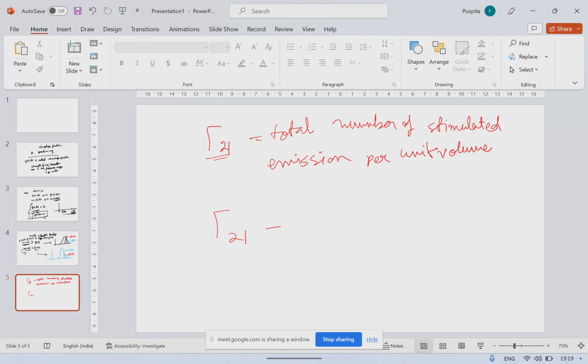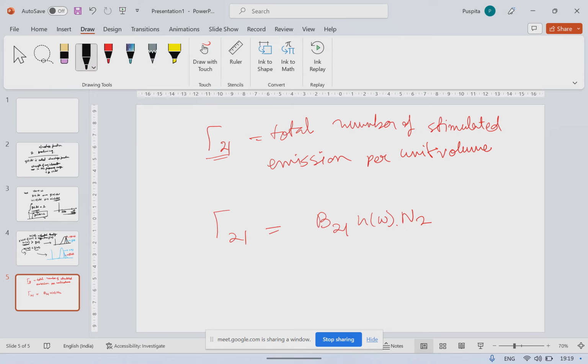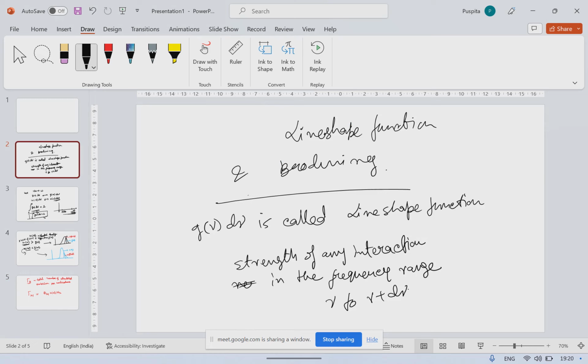So tau 21 will be B21 u omega N2. But now we have introduced the concept of line shape function, which is the probability of an interaction happening in the frequency range from nu to nu plus d nu, or omega to omega plus d omega.